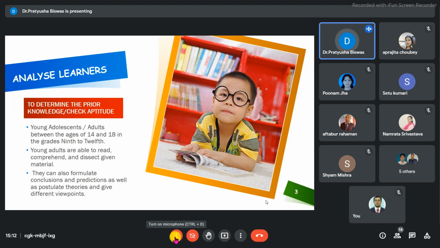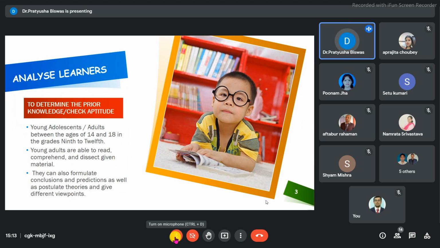The lesson plan that I have designed is for learners between 14 and 18. So young adults are able to read, comprehend, and dissect the given material. Now in standards 9, 10, 11, 12, we can afford to give them multiple instructions, ask them to do referencing, and improvise their answers in their own language, because from ninth onwards the general concept of the child has developed, and the child is ready to expand his knowledge by reading multiple texts, or reading one text and then referring to other documents.